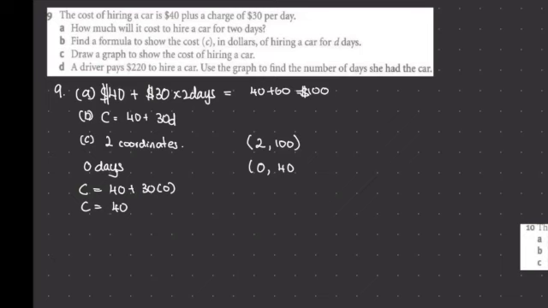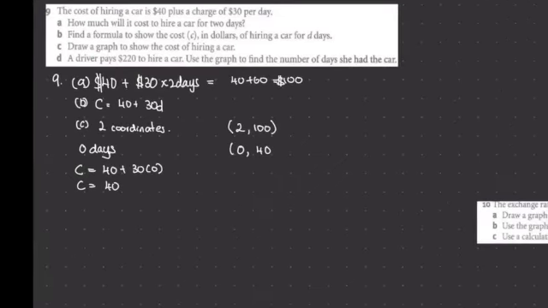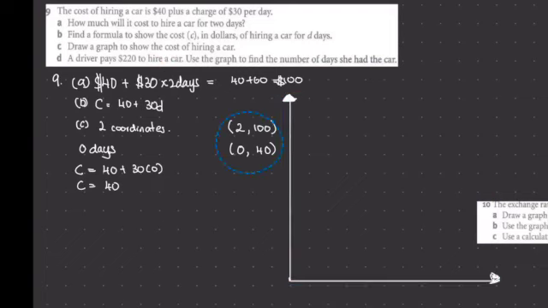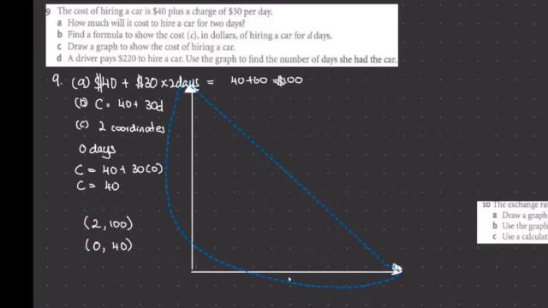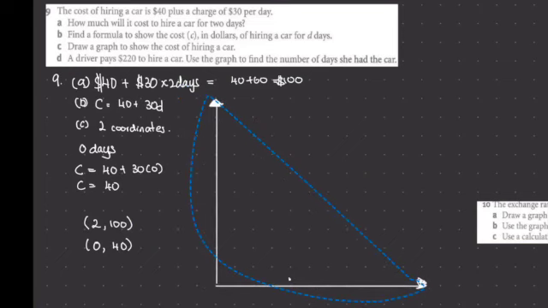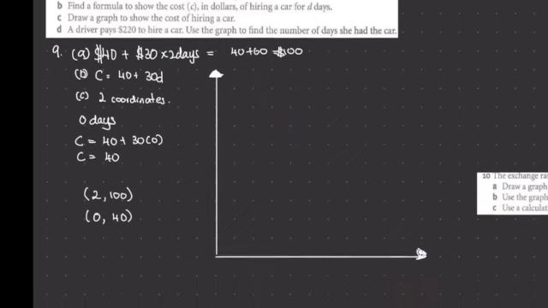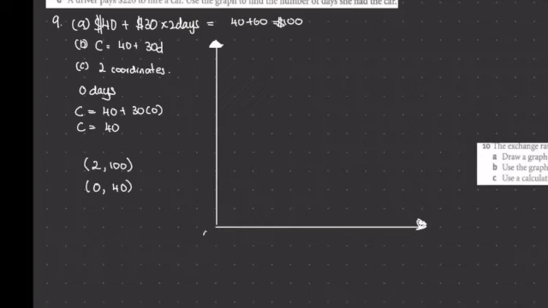Now we just need to draw a graph for it. I think it's easier that way. Let's just draw a graph. This one will be 0, the number of days.